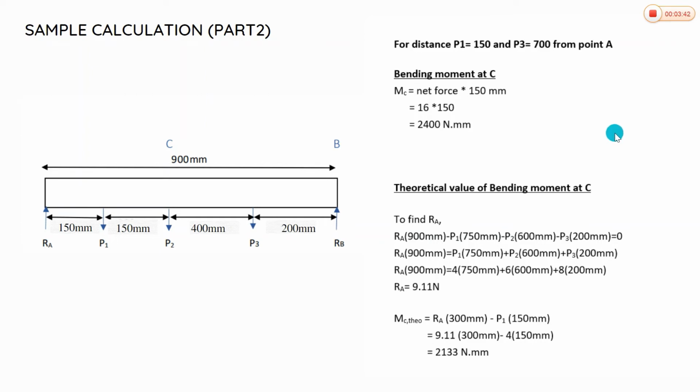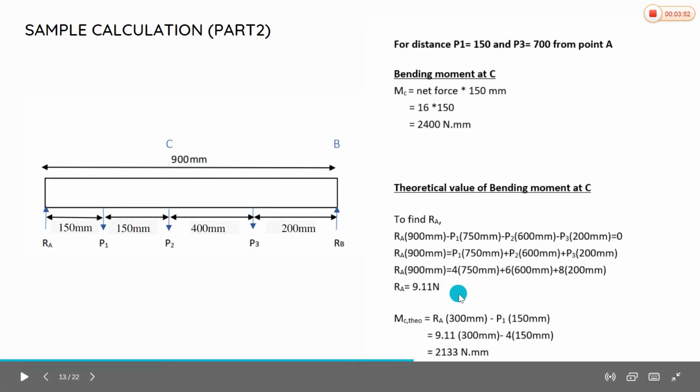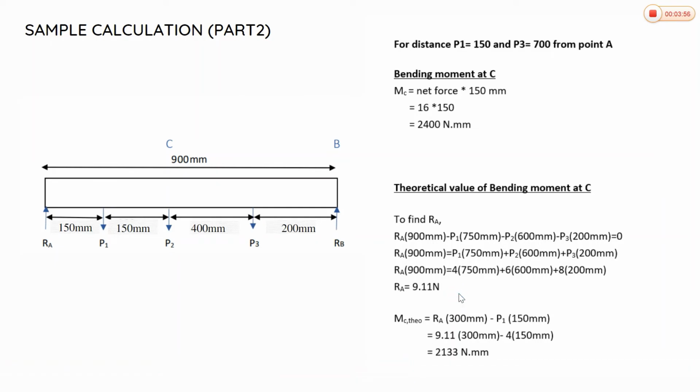And then for the theoretical value of bending moment, we need to find RA, where RA times the total distance, which is 900 mm, is equal to P1 times its distance to RB, plus P2 times distance P2 to RB, which is 600, and plus P3 times the distance P3 to RB, 200, and we get RA.